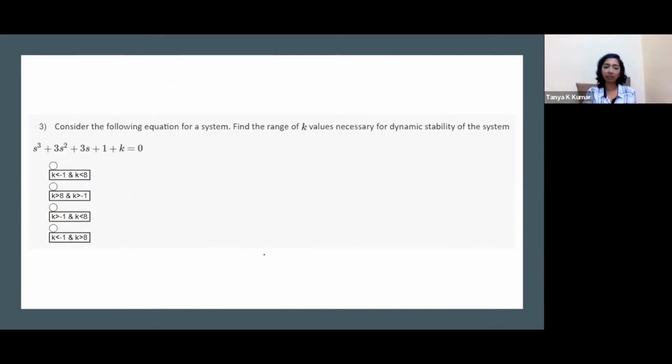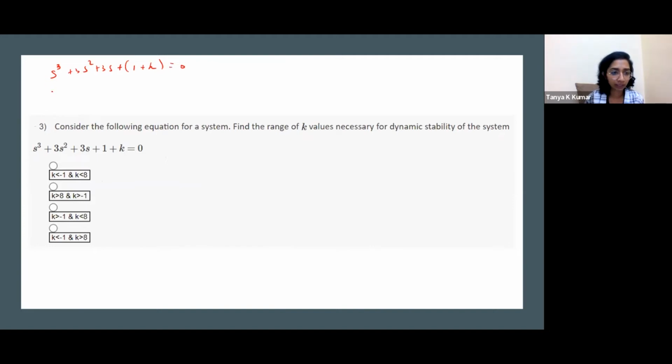Next question was to find the range of k for which this equation would be stable. Now this is a third order equation, so you can use the Routh criteria. So let's just take this, s cubed plus 3s squared plus 3s plus 1 plus k equal to 0.